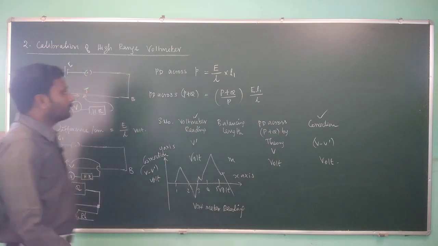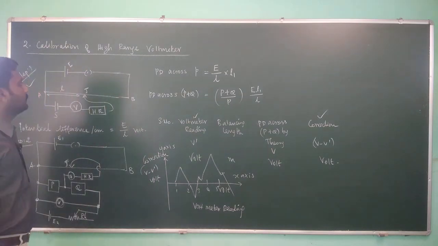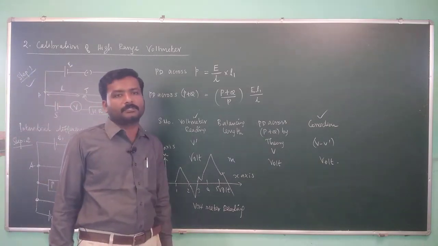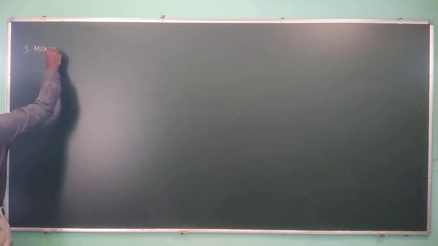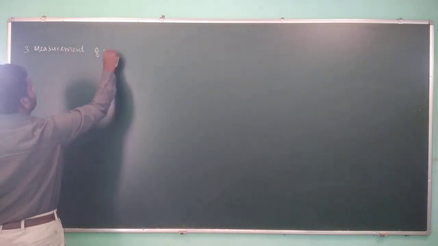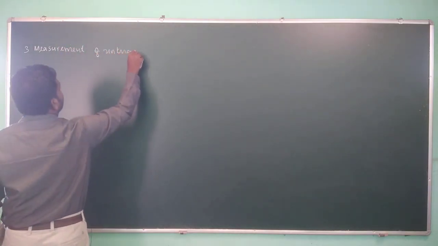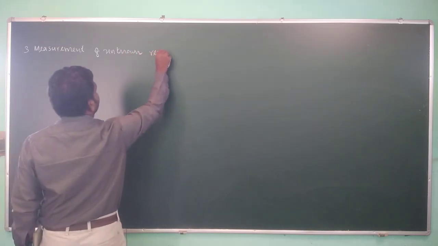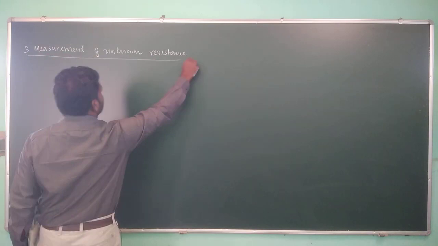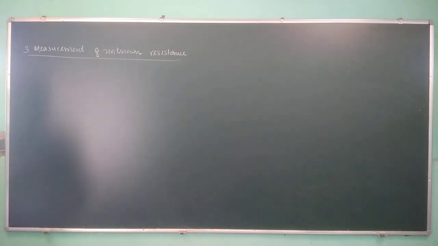And the third part of the lecture today is how to calculate the value of the unknown resistance given to us using the potentiometer. The third part is measurement of the value of unknown resistance.